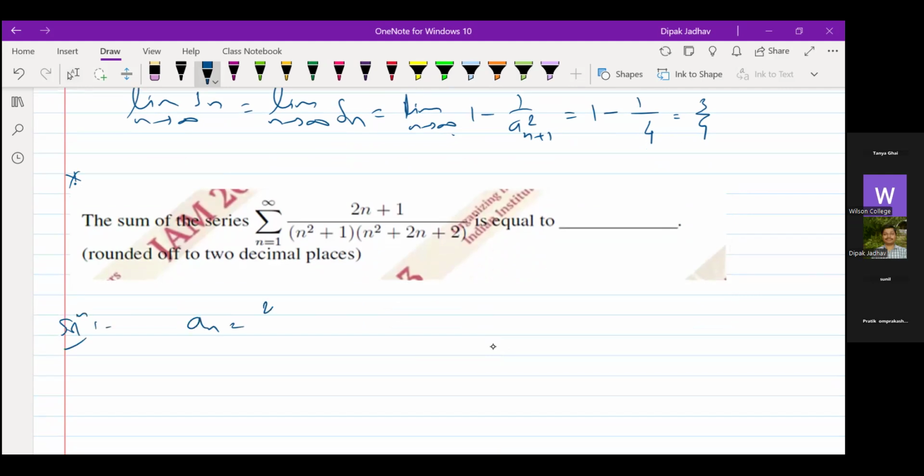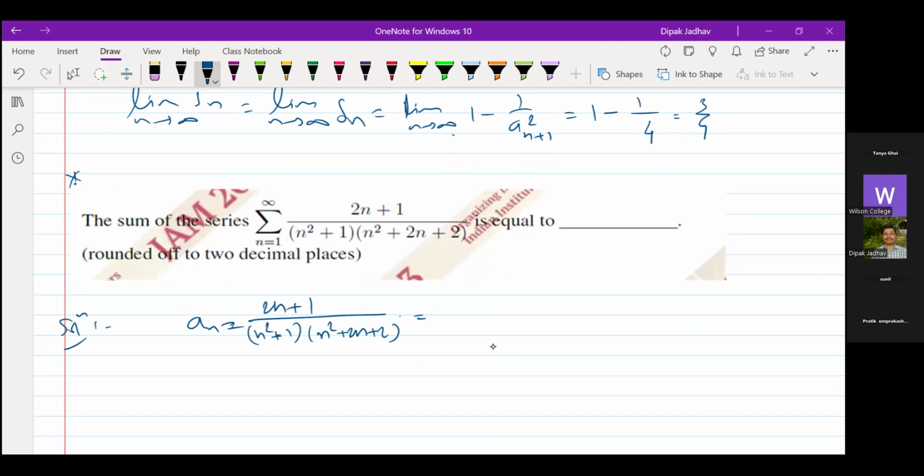Here it is: n plus 1 upon n square plus 1 into n square plus 2n plus 2. We have already seen at the beginning of the lecture, if we have two brackets in the denominator, possibly we can apply partial fraction and we can answer the question.